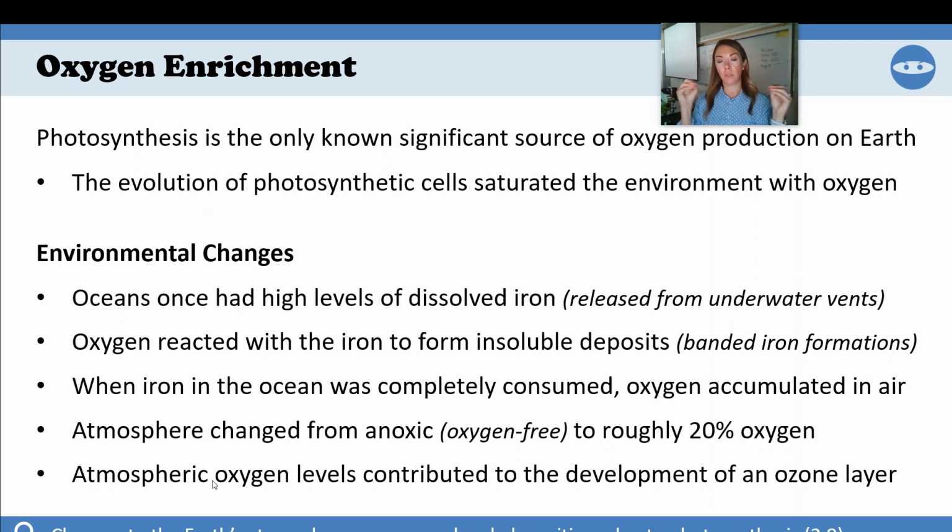So anything that was living in the ocean can now come onto land because our ozone has started to take in all of those really harmful UV rays, the ultraviolet, anything that would have killed life off on land is now being absorbed by my ozone, and that allows life to now exist on land, right? So you can see how those things progress. Iron comes out. Oxygen can now go into the atmosphere. Because it's in the atmosphere, it creates ozone, and now life can come out of the ocean and onto land.